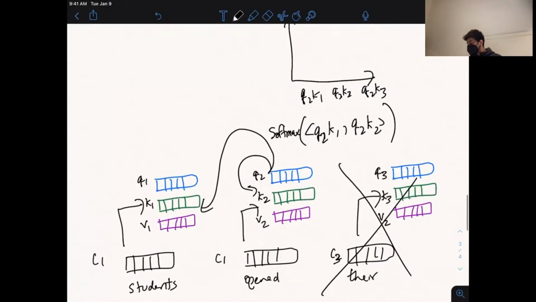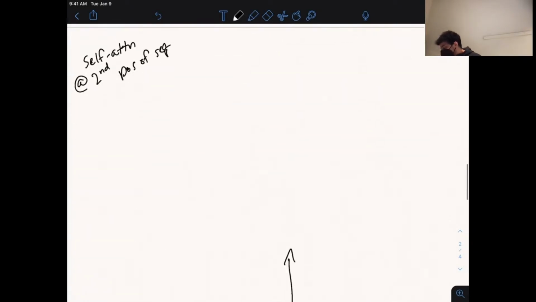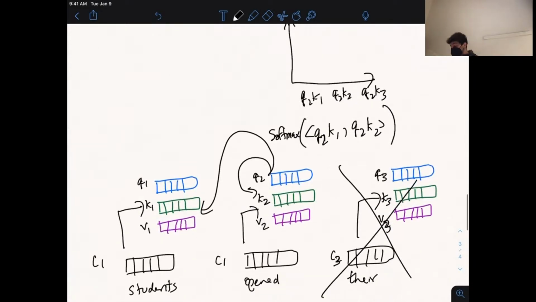Someone tell me why I can't look at that, just to make sure it's clear. Exactly. So this is cheating. If I look at K3 or V3, that's cheating, because that representation is a direct function of the word embedding at position 3 of the sequence. This is exactly what we're trying to predict at position 2.